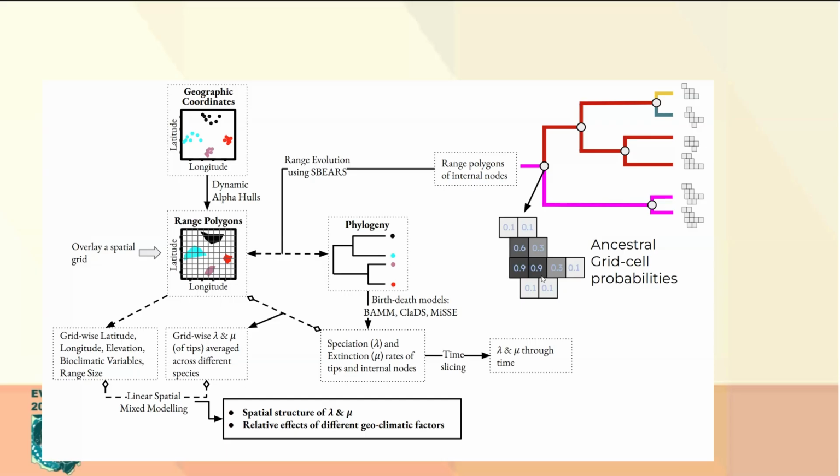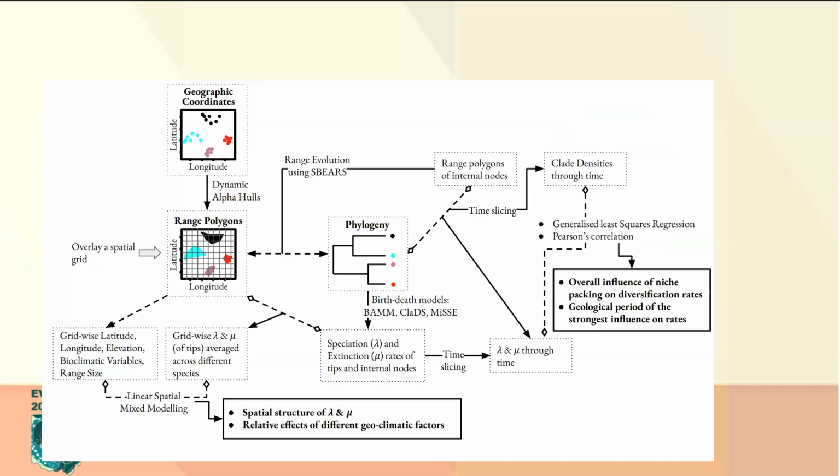So I essentially get grid cell probabilities for each of my ancestors, and I specifically took the 90% credibility ranges for each of the ancestral ranges. Then I performed a time slicing approach on the phylogenetic trees and computed clade density through time. Similarly, I performed time slicing on the speciation rates to find speciation and extinction through time.